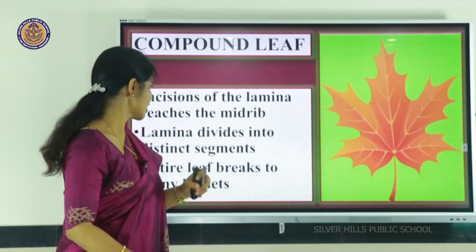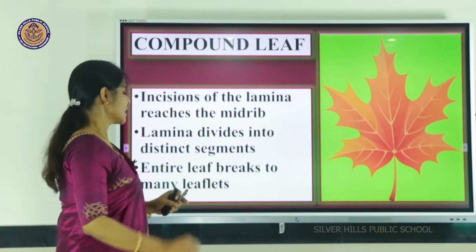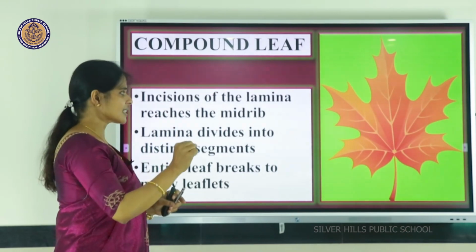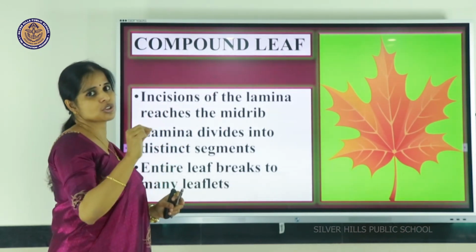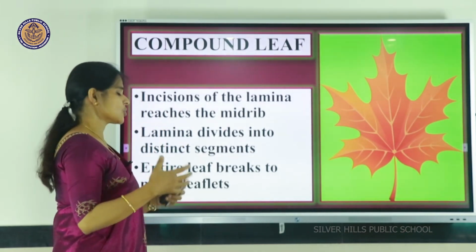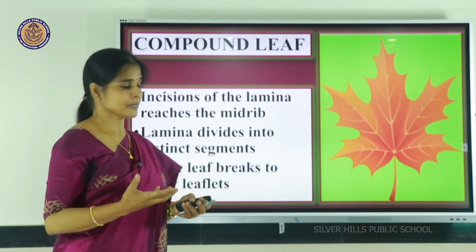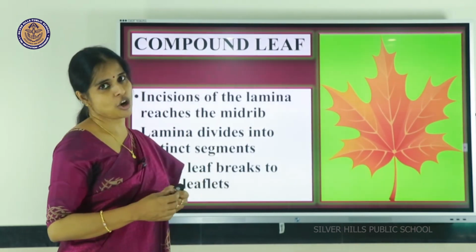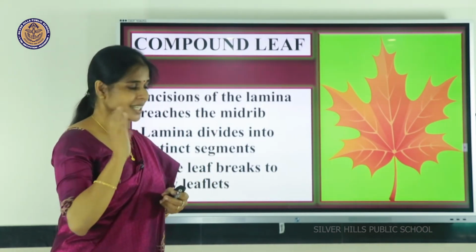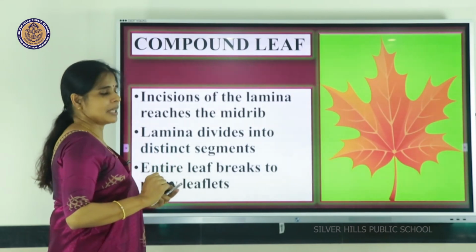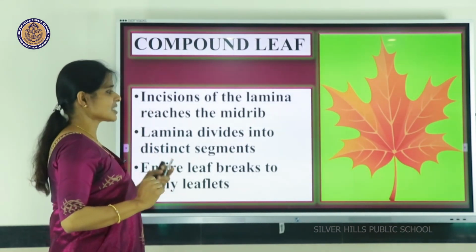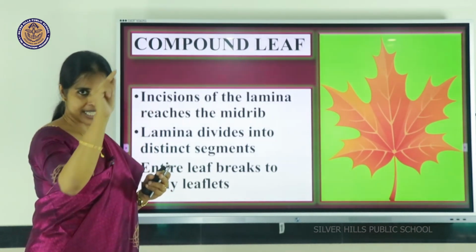So, all these leaves have incisions in the lamina, and these incisions make the lamina divide into different segments. When an entire leaf breaks into many leaflets, we call it a compound leaf. Once again, in a compound leaf the incisions are present on the lamina, so it is not entire.